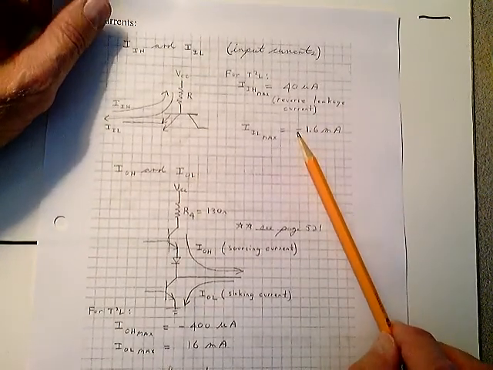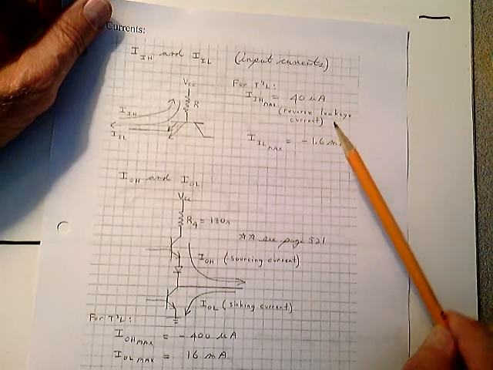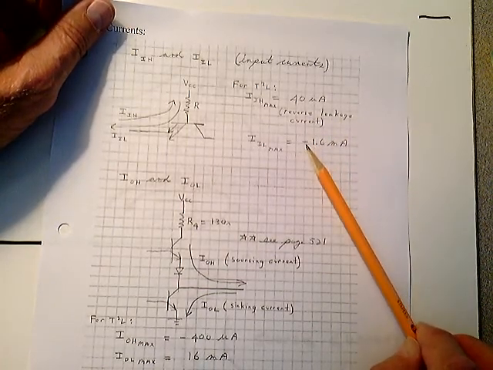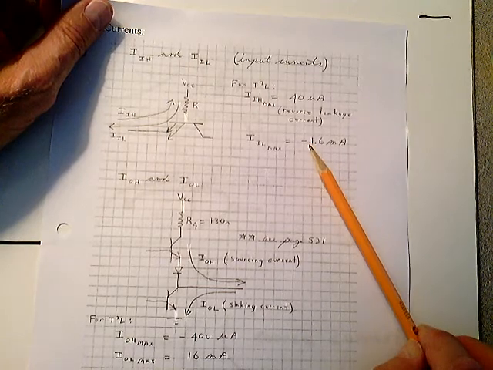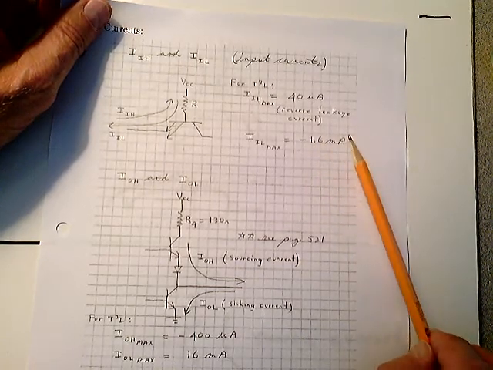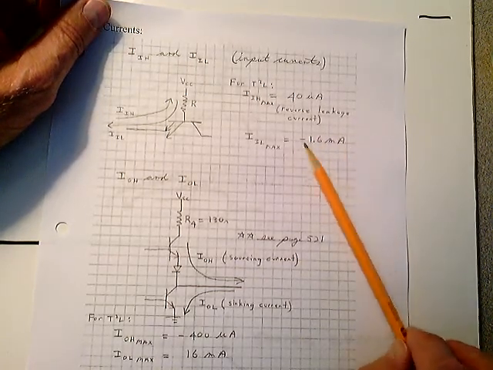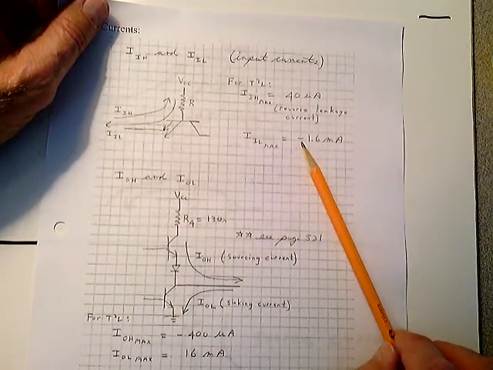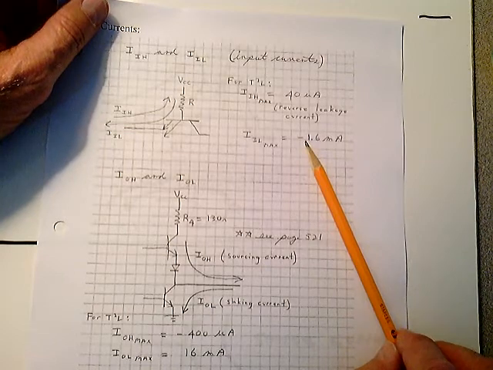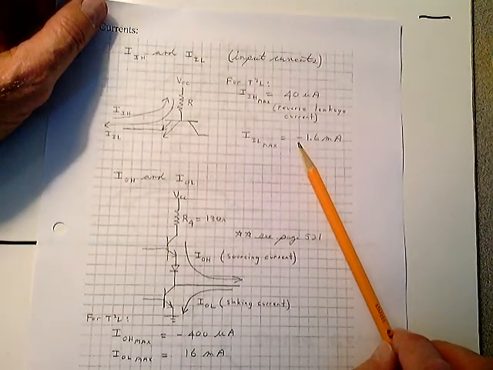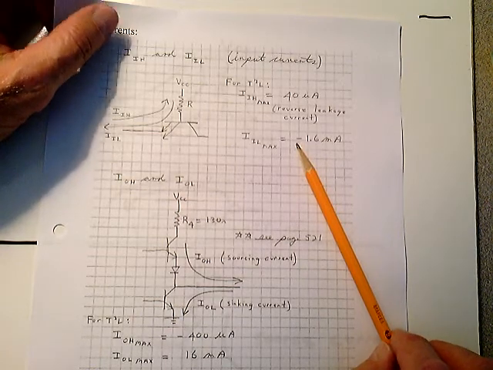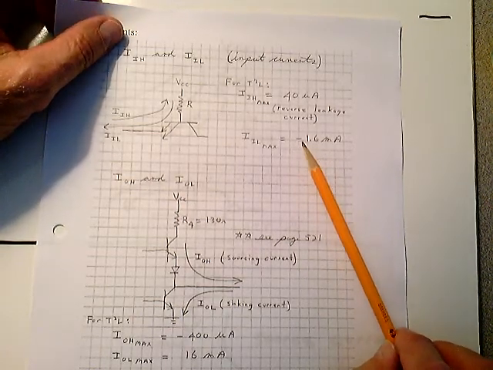Now, this minus sign here, the sign notation is that minus currents are currents that are leaving an integrated circuit. Most of the time, we're just going to handle the absolute value here. This is just a way to symbolize that the current is leaving the integrated circuit. When you see minus currents, that's the only time we're going to use that as a signification that the current's leaving the integrated circuit.